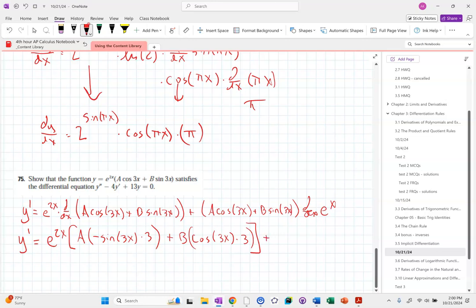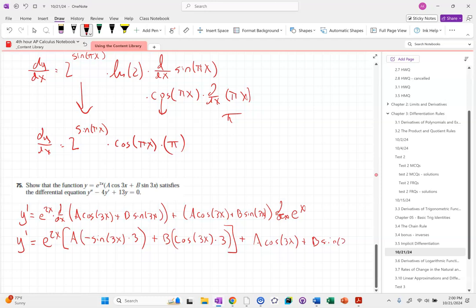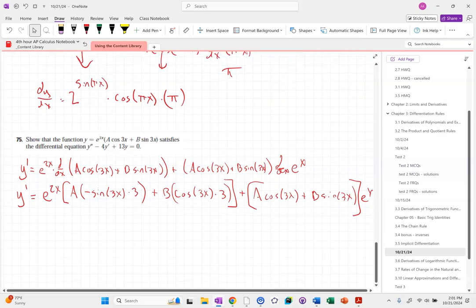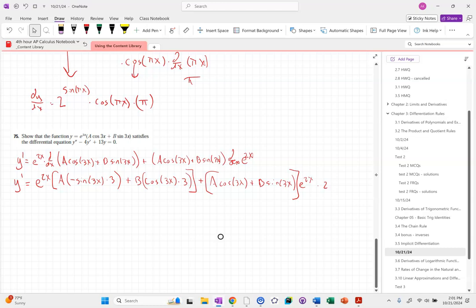And then I have a cosine 3x plus b sine 3x, e to the 2x times 2. So there's my first derivative.